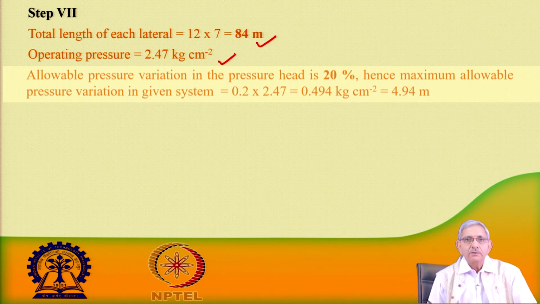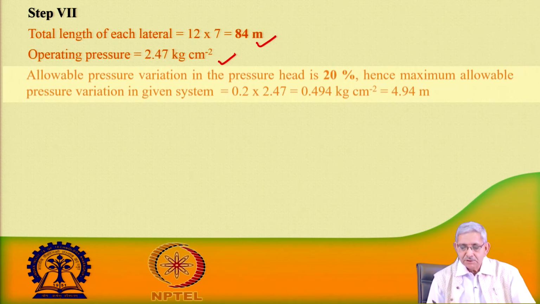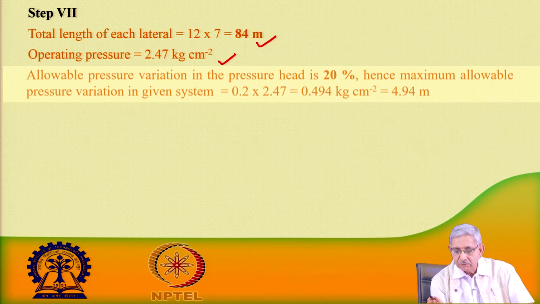So, 2.47 kg per square centimeter is equivalent to 24.7 meter. The total allowable pressure variation as per the guideline is 20%.